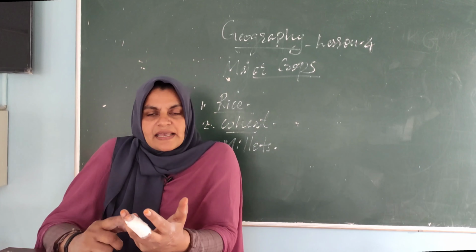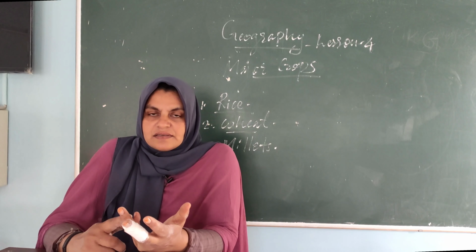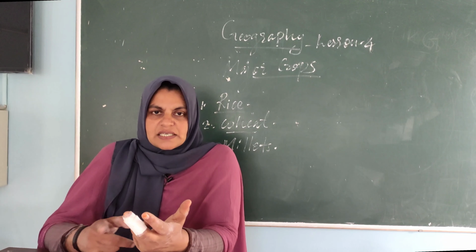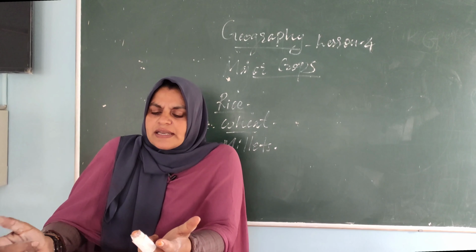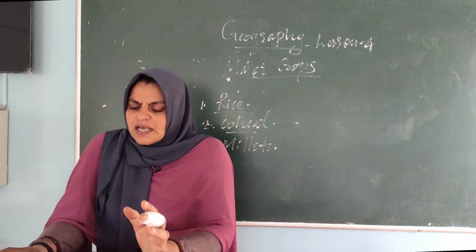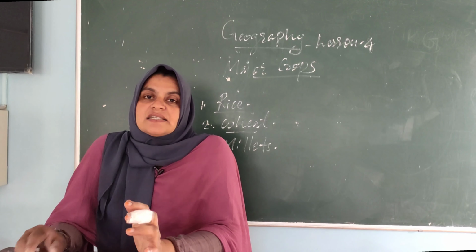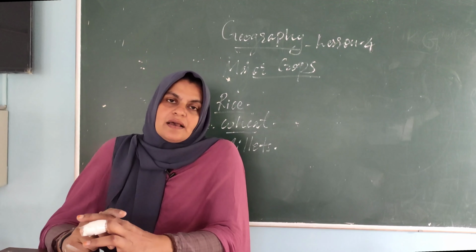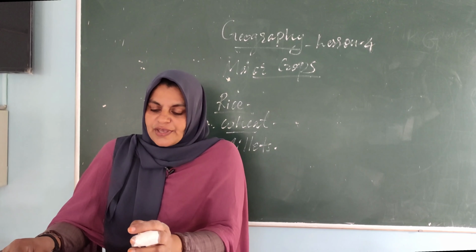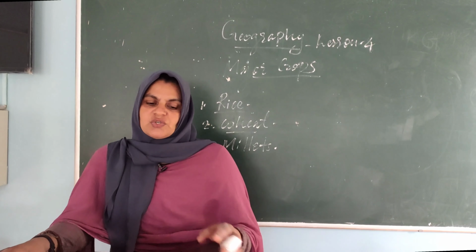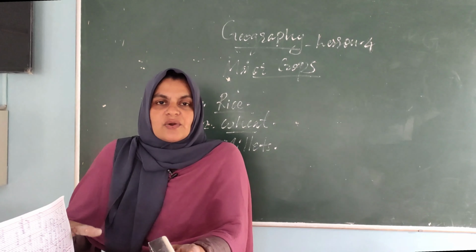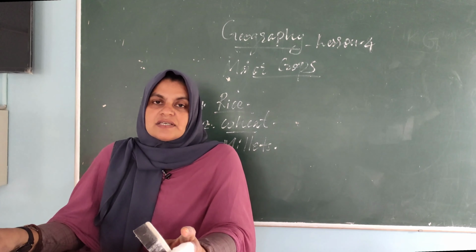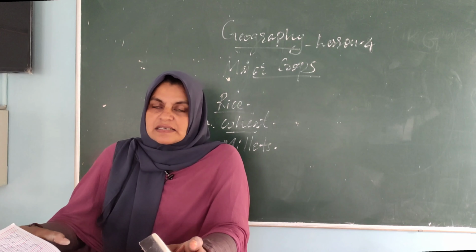Jowar we understood. What are the specialties of jowar? And next, bajra. Bajra grows well in sandy soil and shallow black soil, and also in a mixture of sandy and black soil.